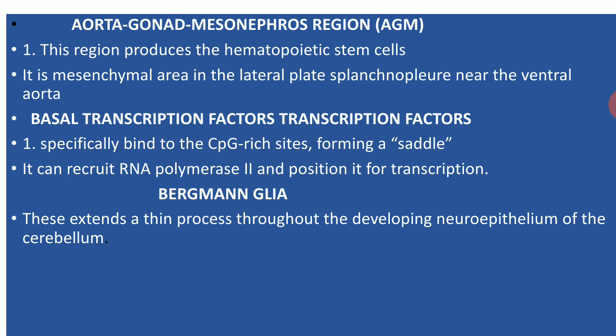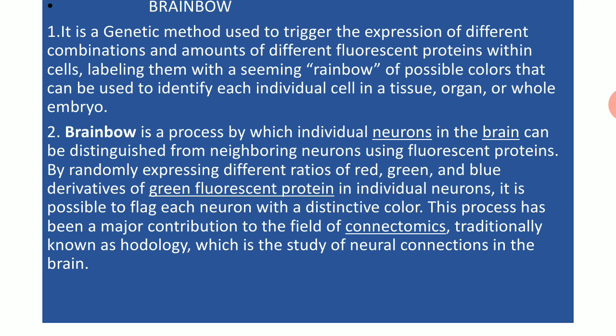Bergmann glia. These extend thin processes throughout the developing neuroepithelium of the cerebellum. Brainbow. It is a genetic method used to trigger the expression of different combinations and amounts of different fluorescent proteins within cells, labeling them with a rainbow of possible colors that can be used to identify each individual cell in a tissue, organ or whole embryo.